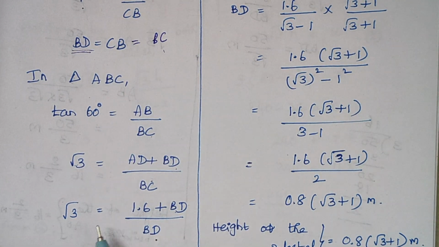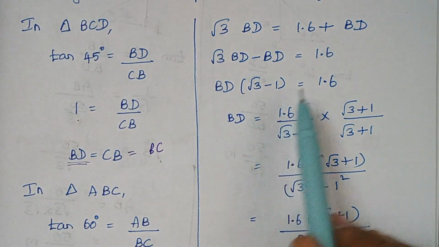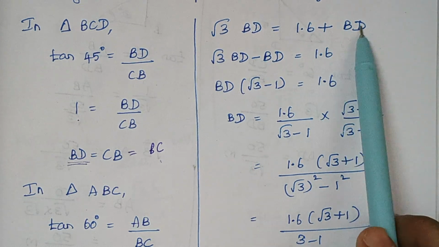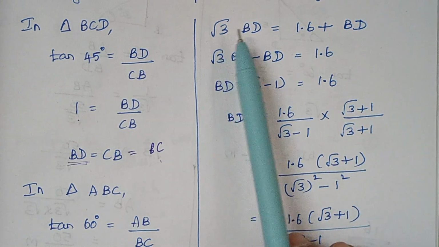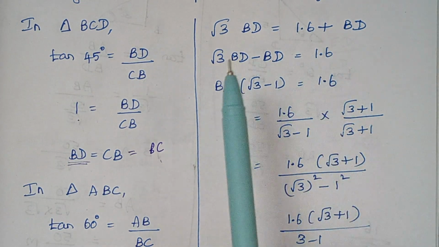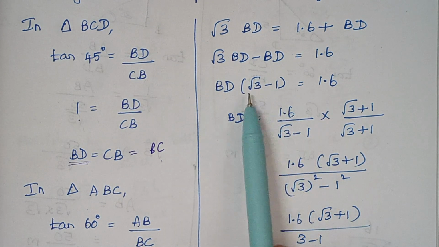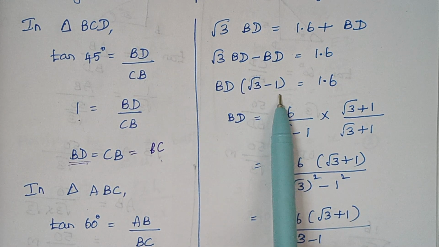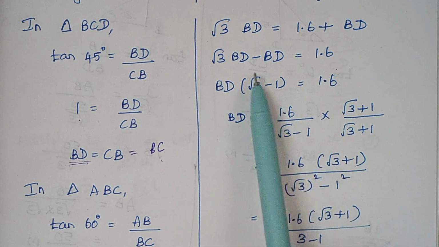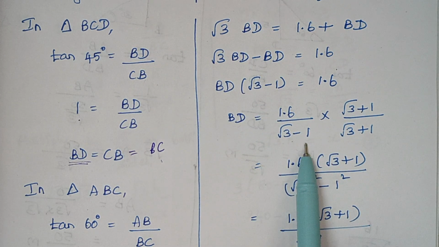Root 3 into BD is equal to 1.6 plus BD. Again, I am moving these BD terms together, so this plus term will become minus. So root 3 BD minus BD is equal to 1.6. When I take this BD commonly outside, I will have root 3 minus 1. So the value of BD is nothing but 1.6 divided by root 3 minus 1. When I move this to the right hand side, this term occupies the denominator part, right?